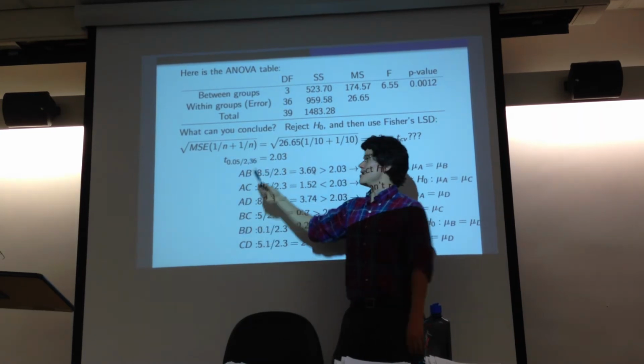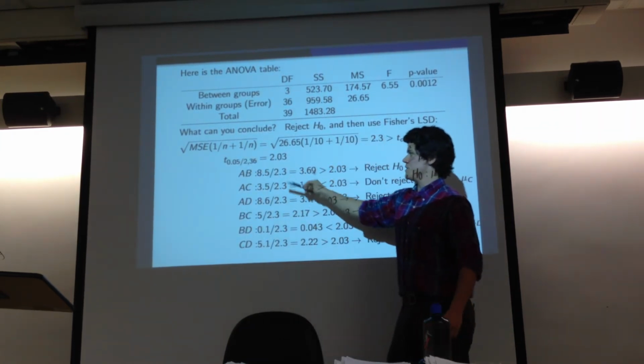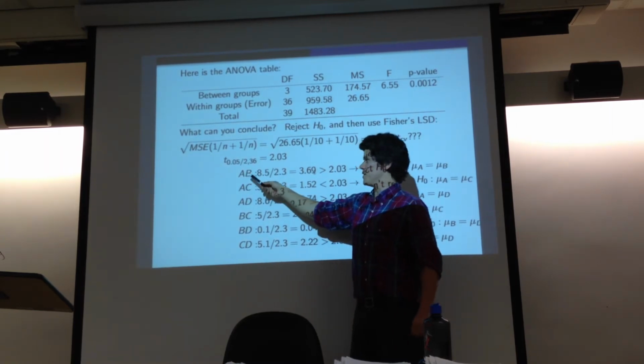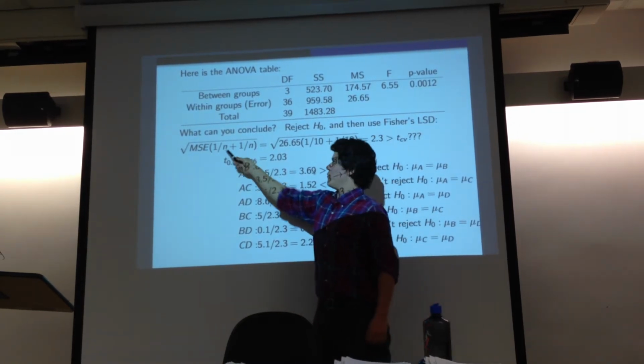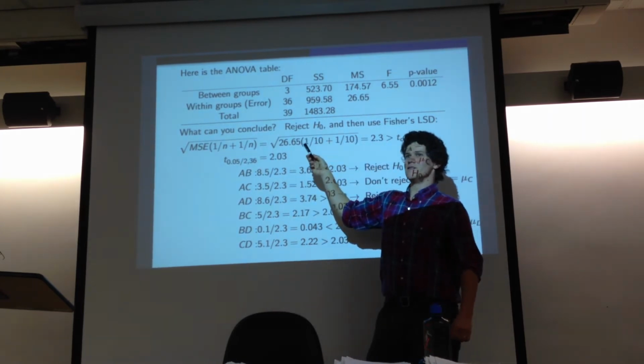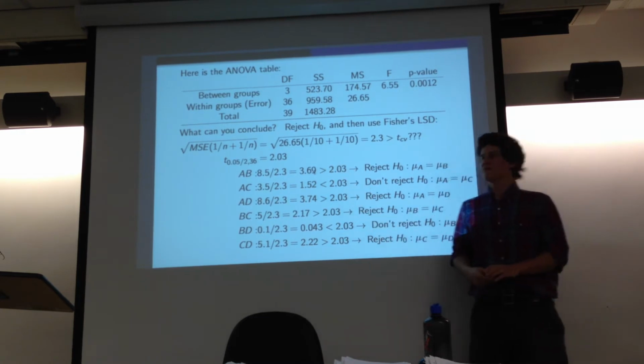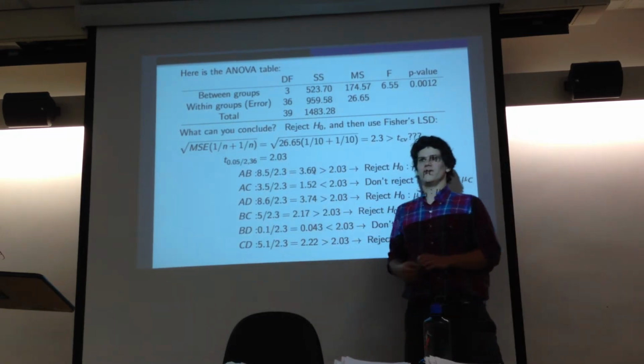In this case, all the n's are the same. So we have 10 no matter which means we're pairing. Either A would be first grandma 1 and B would be grandpa 2, so it would be n1 and n2. So since all the n's are equal to 10, we've got the same denominator when we calculate all these different Fisher test statistics.